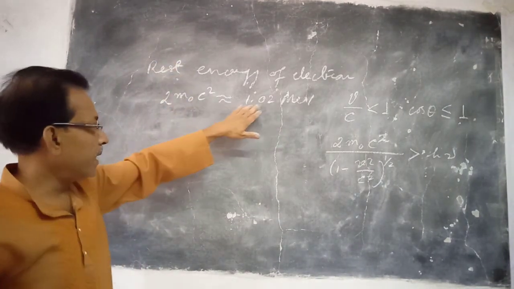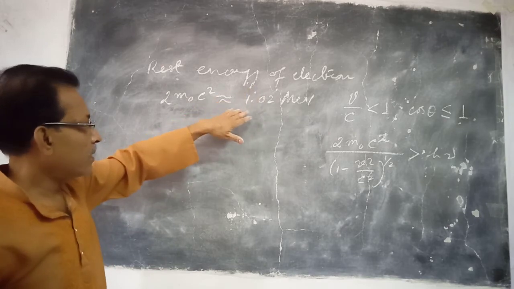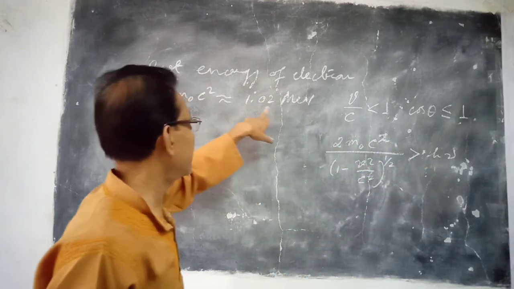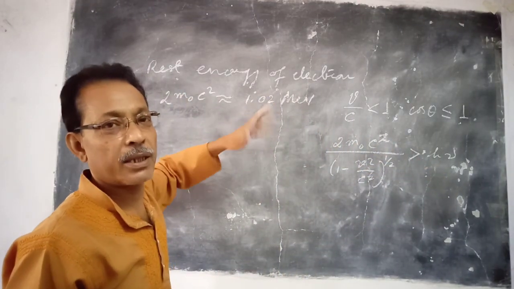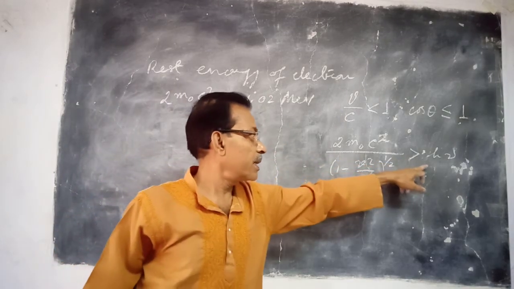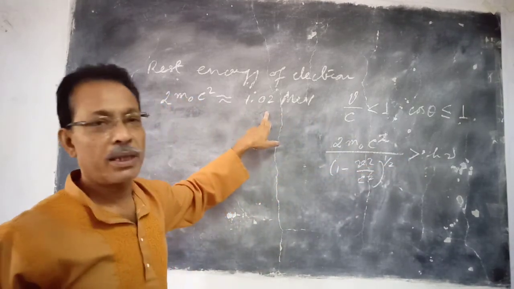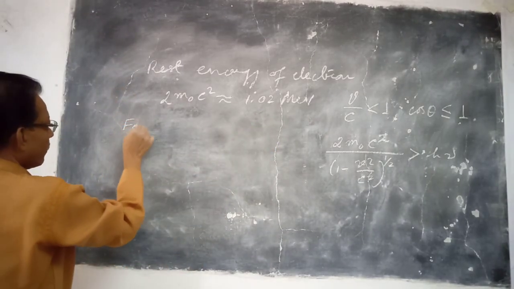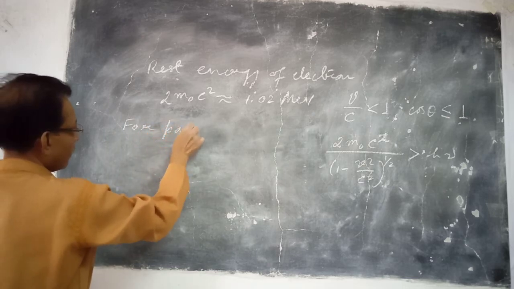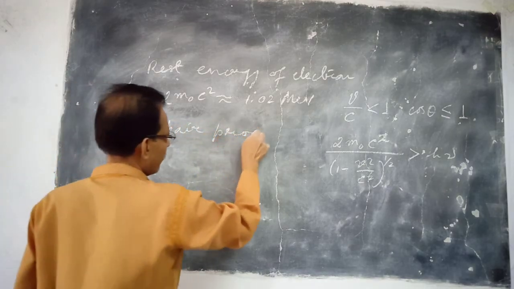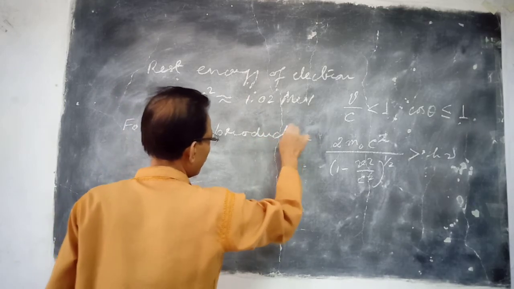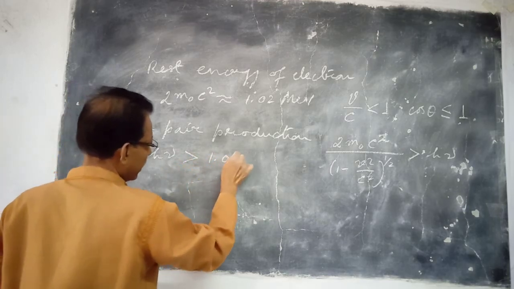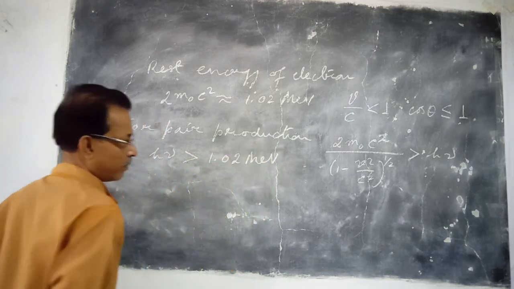So to create these particles of this much rest energy, the incident photon must have energy greater than this. Then only will pair production take place, otherwise not. If the energy of the incident photon is less than this, there is no possibility of pair production. So for pair production, h nu should be greater than 1.02 MeV.